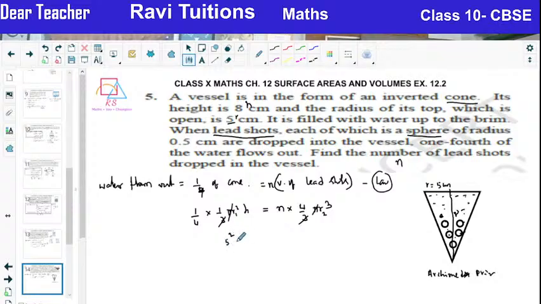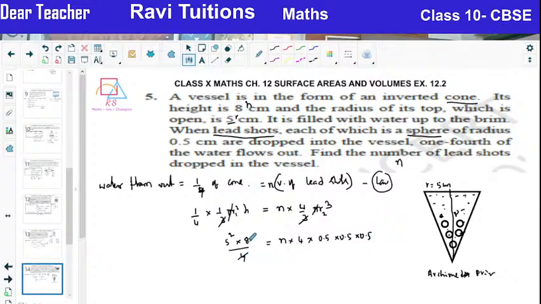5 square into height, 8 by 4, is equal to n into 4 into the radius of the sphere, 0.5 into 0.5 into 0.5.